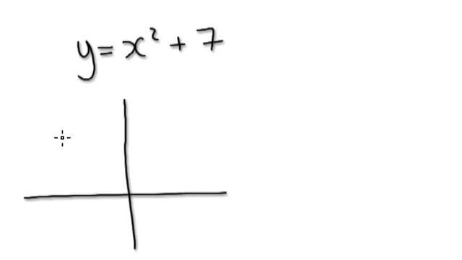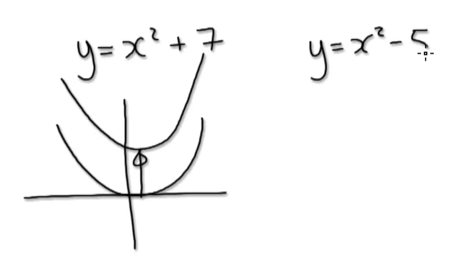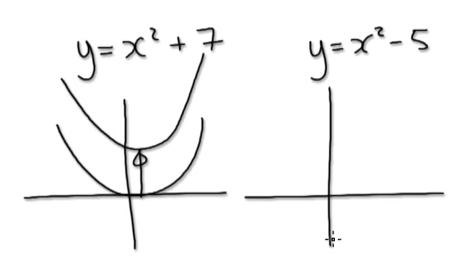My point is that if you try and plot y equals x squared plus, let's say, 7, well, imagine x squared will look like this. So x squared plus 7, everything gets shifted up 7.